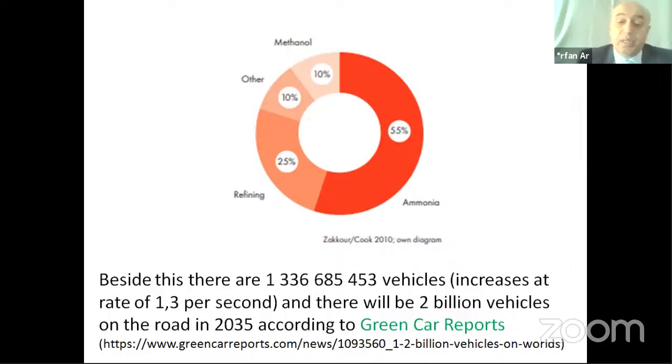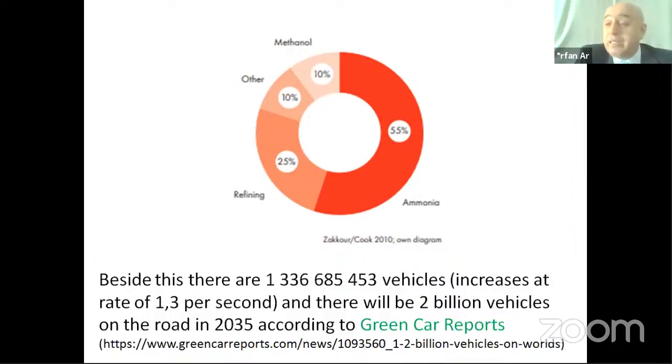You see, if you move to the hydrogen economy, this means that you need this amount of hydrogen beside the hydrogen needed as a fuel for those vehicles.